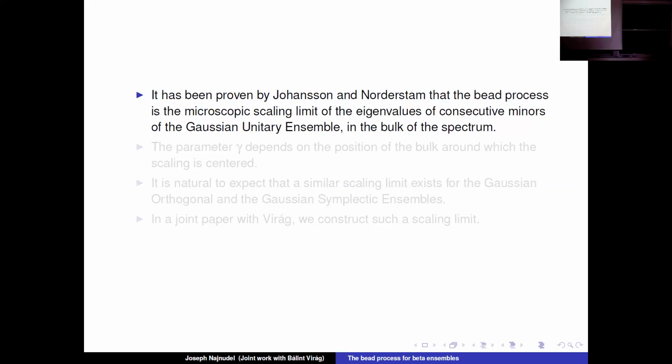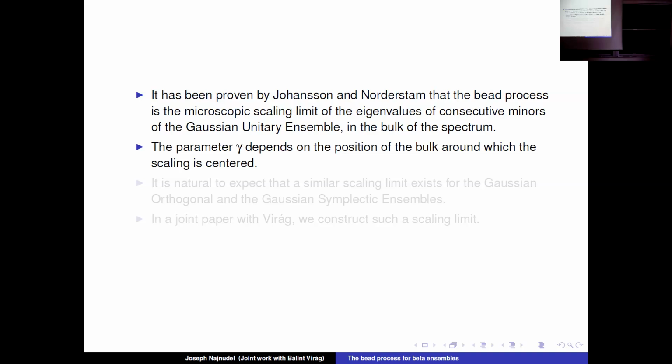Then if you take consecutive minors, the minors n, n-1, n-2, and so on, and you zoom around some point of the bulk of the spectrum, then you get some interlacing points, and in the limit you get this bead process. So this is a link with random matrices.